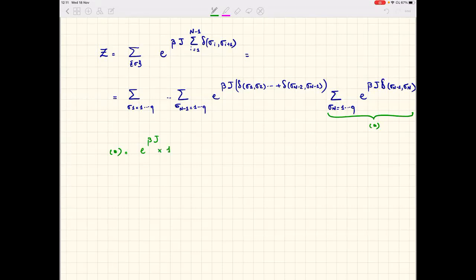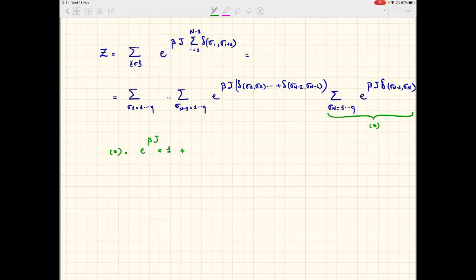Plus then, the number of ways to be different is not n minus 1, it's q minus 1, because we run from 1 to q.